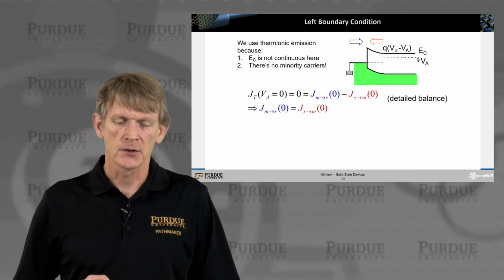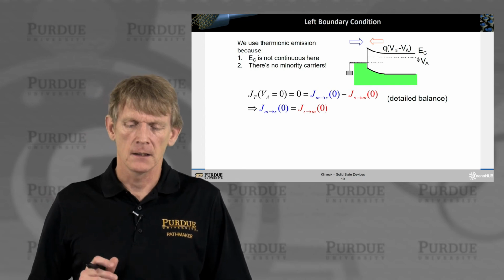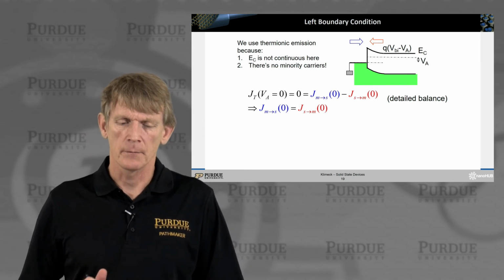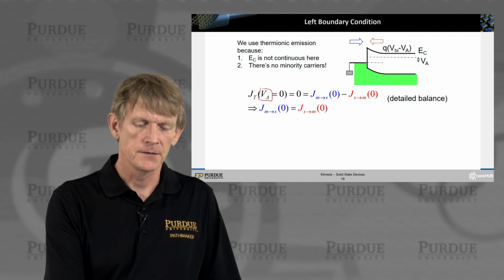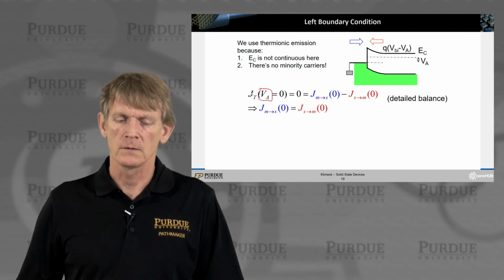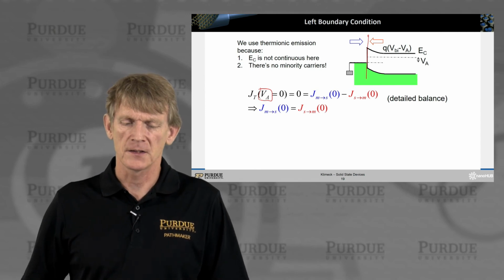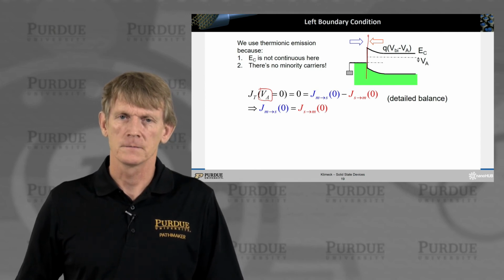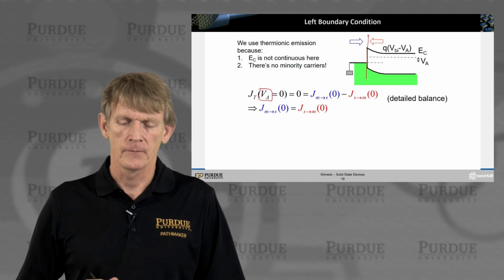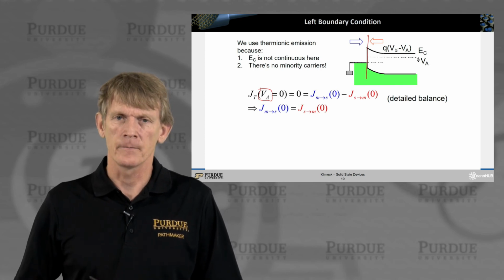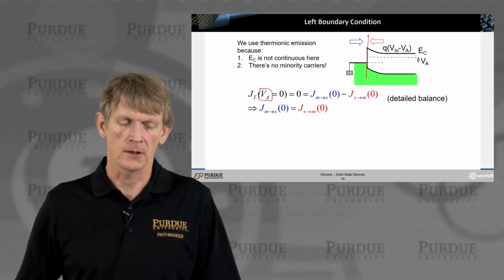All right, so at zero bias, when the applied bias VA is 0, the electron flow at this site, at the junction, is the same going left and going right. We'll take that as an important entry into our calculation.